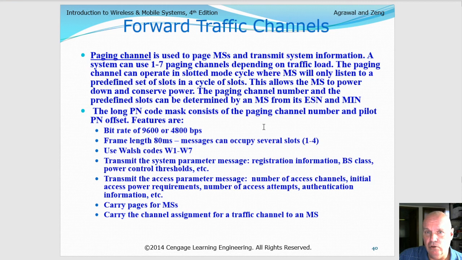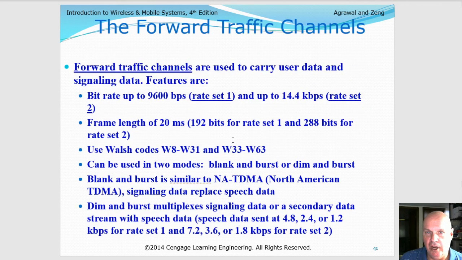Again, it's only used during call setup, so it can be shared, and a system can have as many as 7 different paging channels to communicate with the 640 different mobile systems that would be within a cell. Again, a long pseudo-random noise code is used with the paging channel. And then here's some additional details on the paging channel.